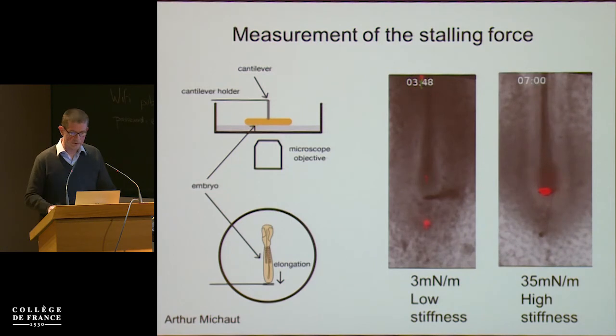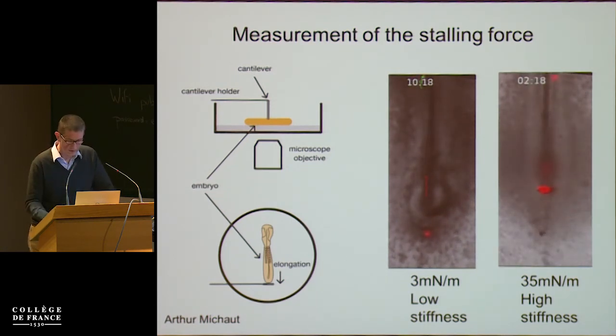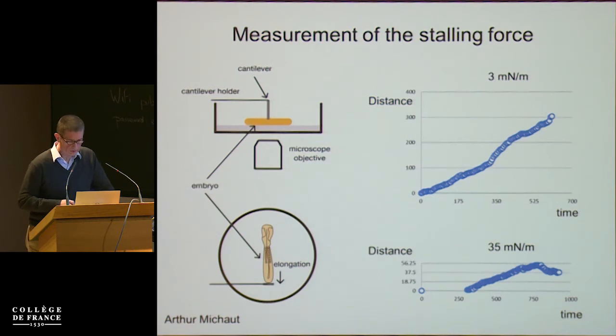And so using this approach, you can measure the stalling force, which is necessary to arrest the elongation of the embryo. And this is just a quantification of the distance measured with these 2 types of cantilever, either soft or stiffer.